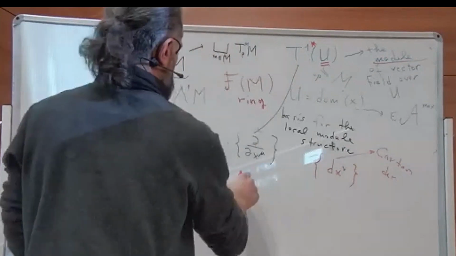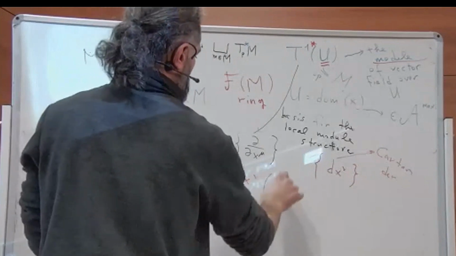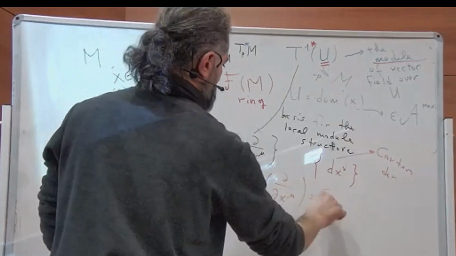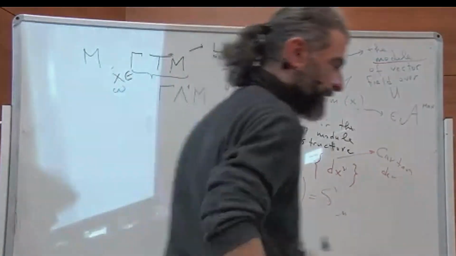So this is the natural dual action, and this is the Kronecker action.